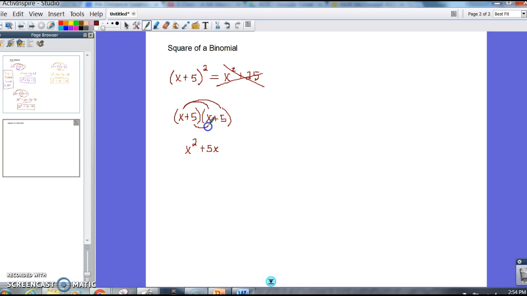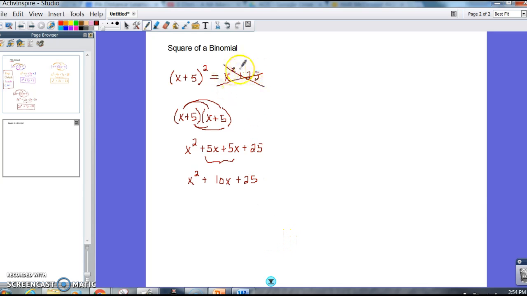Then inside: 5 times x gives me 5x. And then my last two terms, 5 times 5 gives me 25. Let me combine those two middle terms, and that gives me x squared plus 10x plus 25.